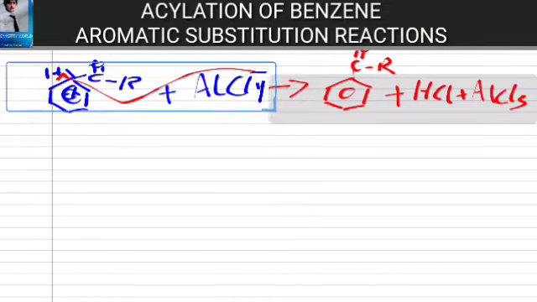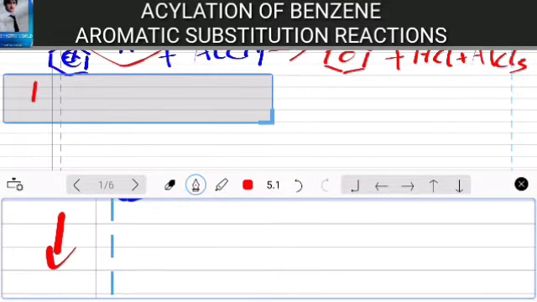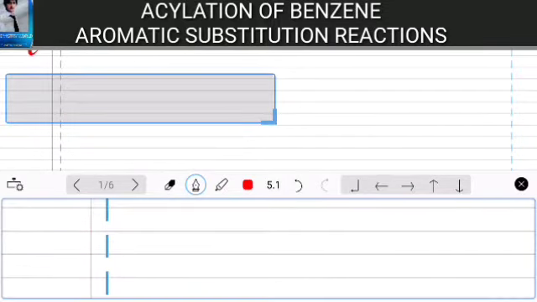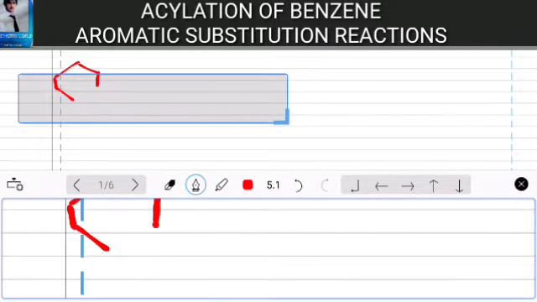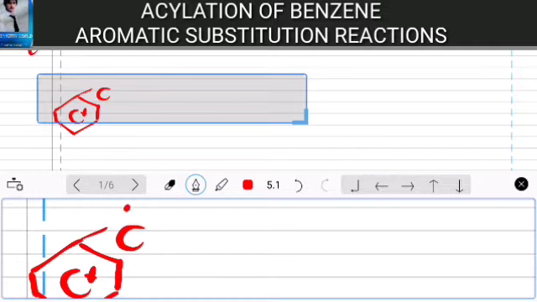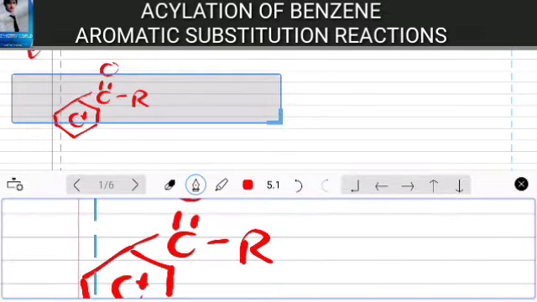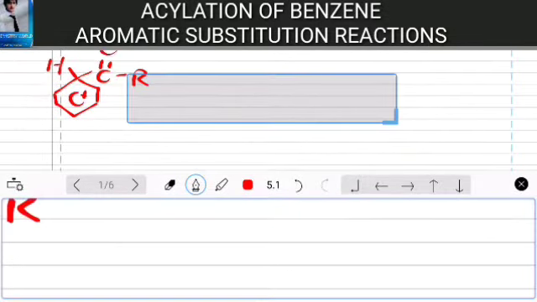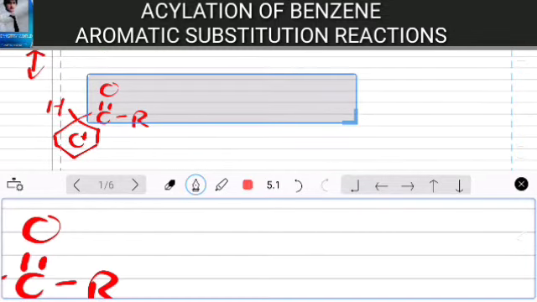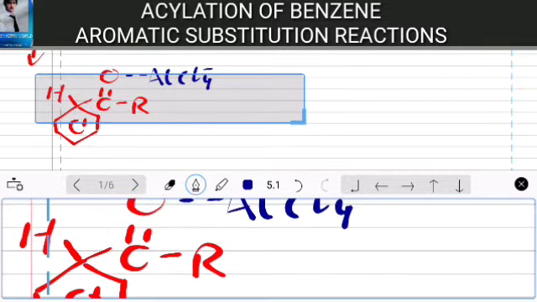Sometimes in this position, another complex may occur, which is also a transition state. Here positive, C double bond O, here we have R, here we have H. Sometimes the base AlCl4 minus reacts with this O, in this way, with a positive dotted bond.